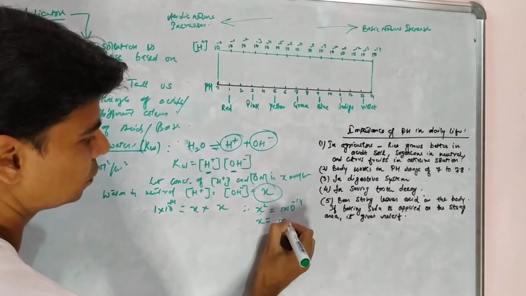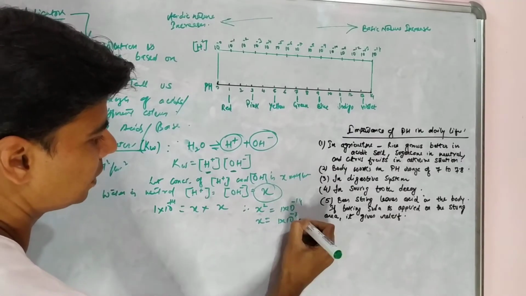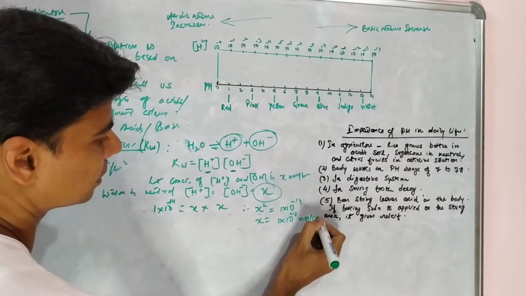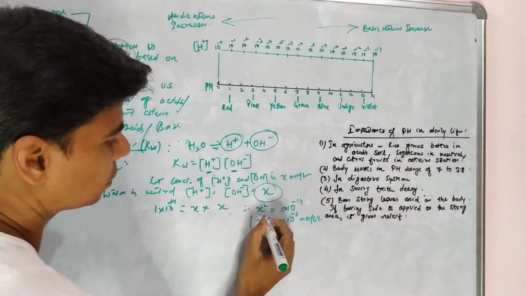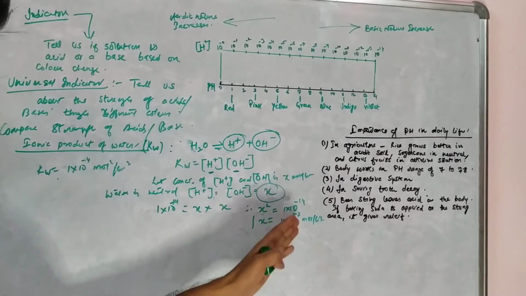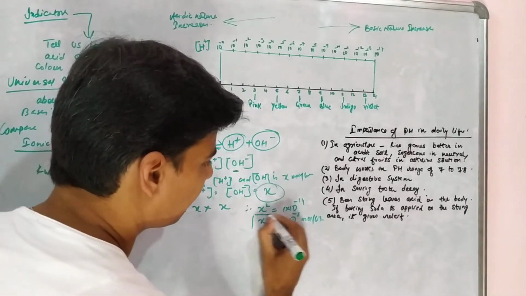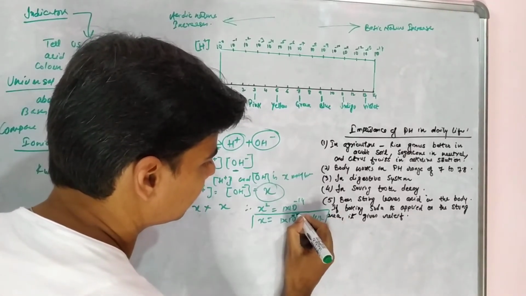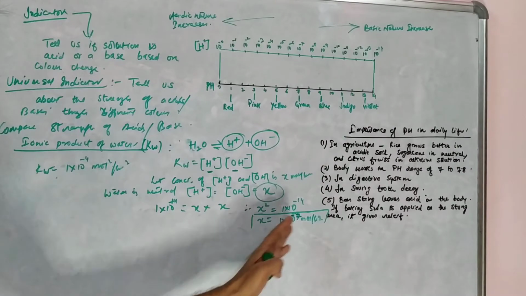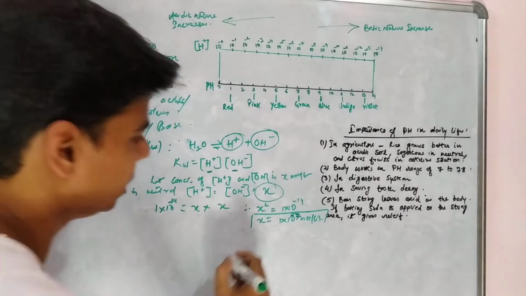So X is equal to 1 into 10 to the power of minus 7 moles per liter. This is the concentration of hydrogen ion and hydroxyl ion.